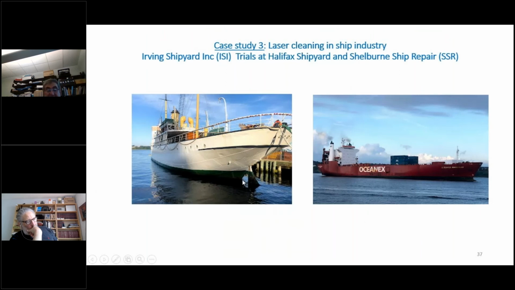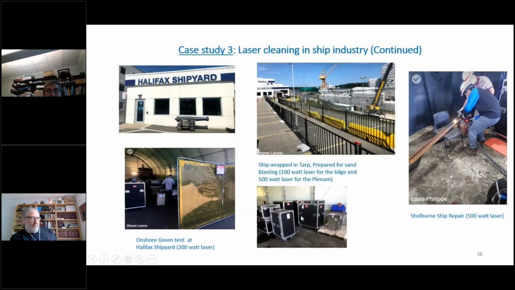We also have some trials in the shipyard in Halifax. We took the 500, the 200, and 100-watt lasers up there and cleaned different areas of the ship. Here you can see the ship is being wrapped in tarp because they were planning to do sandblasting, so they were protecting the environment from the mess that it would make.